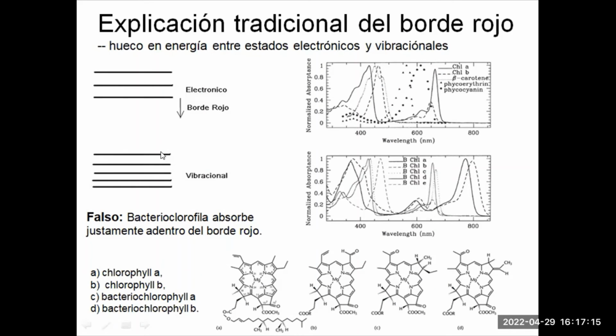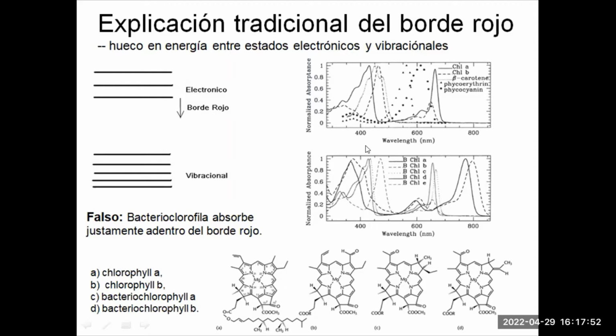As I mentioned, the explanation from the biologists of the red edge is that there is a gap in energy between the vibrational states of the ground state and the first excited electronic state. And that's why beyond 700 nanometers, there are no pigments which are absorbing. And they claim that this has to do with natural chemical physical reasons of the molecules, the pigments. But in fact, we know that that is not the case.